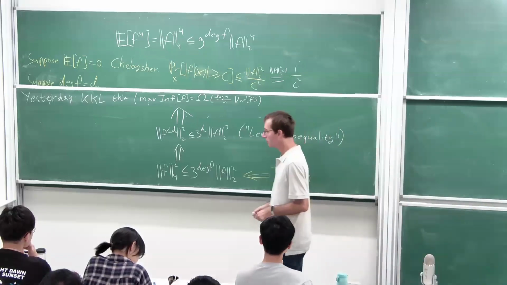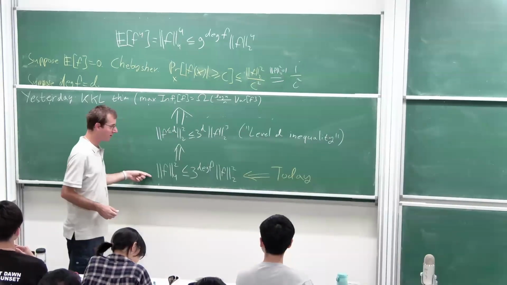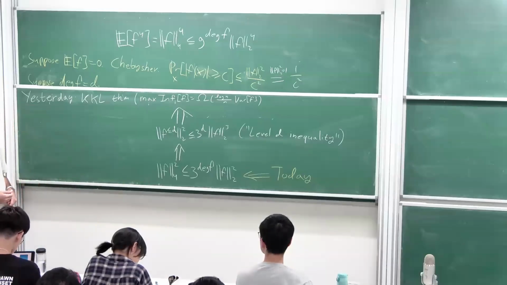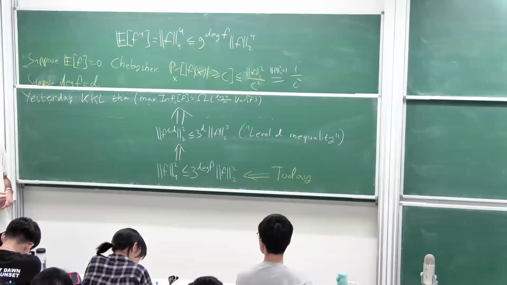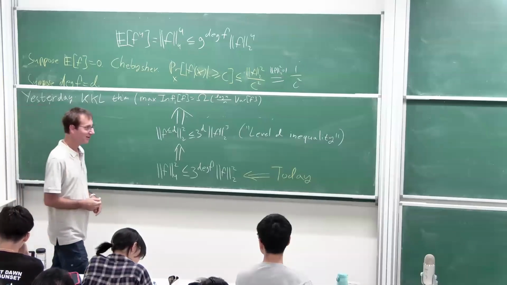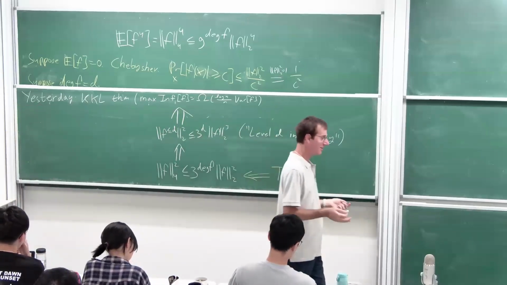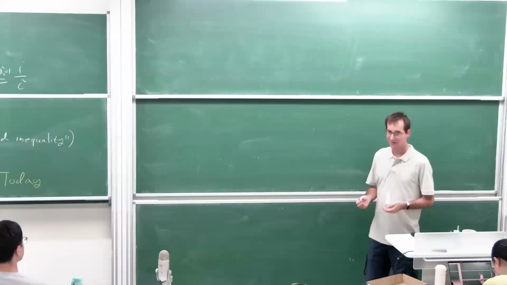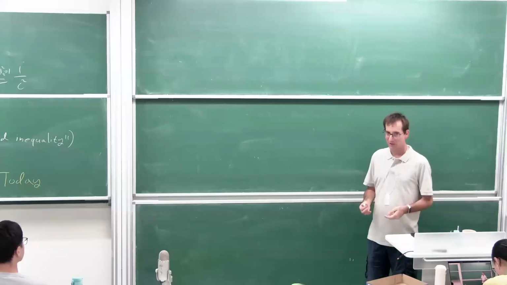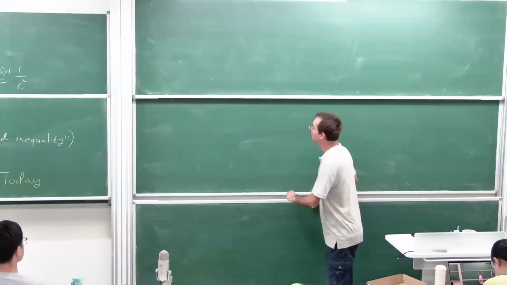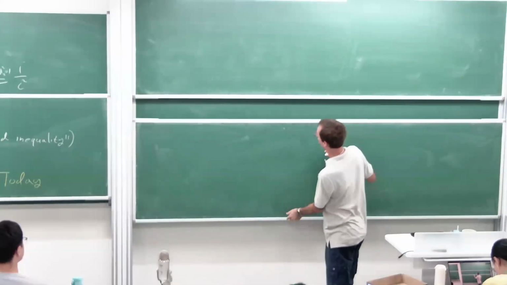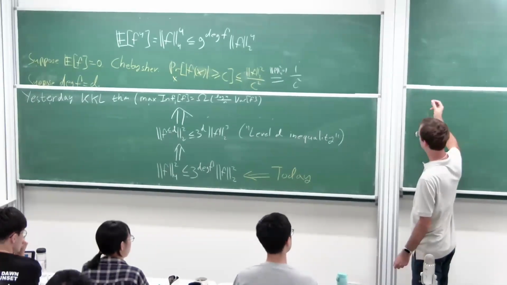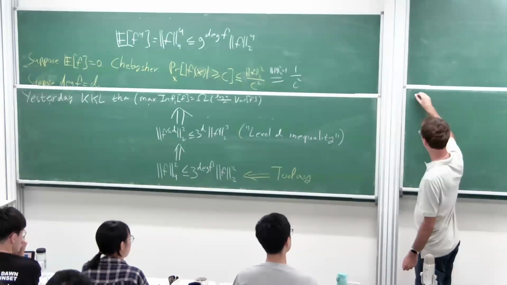Okay, so our goal today is to prove this inequality. The proof will follow from something known as hypercontractivity. I'll first tell you what this term means, then we'll discuss a bit how to prove it, and then we'll see maybe a few more applications. There will be some operator T which maps functions to functions.